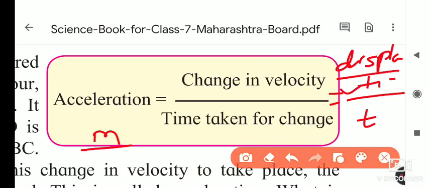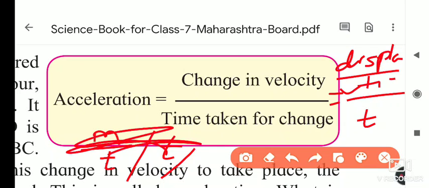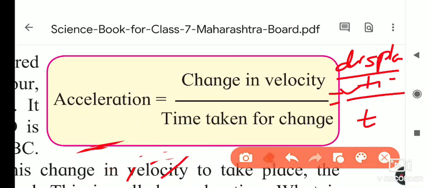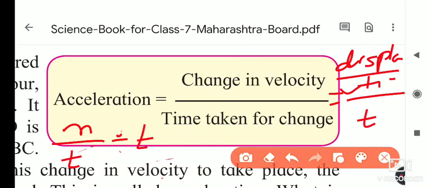Upon time, the unit is divided by time again. As you know, a multiplicative inverse, I taught you before. So this is meter upon time divided by time.